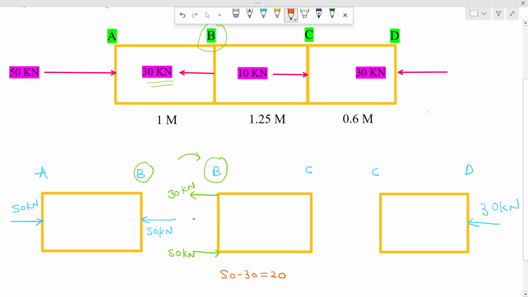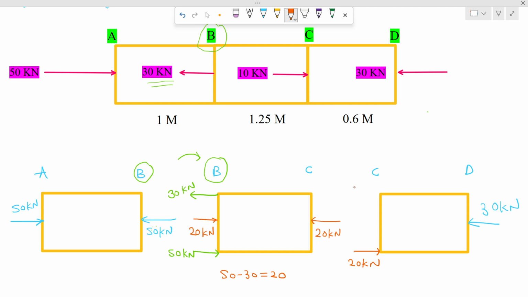So show this force here, 20 kilonewton. So for this 20 kilonewton, the opposite nature force we will show here, 20 kilonewton. Right, now this 20 kilonewton we will show here, 20 kilonewton.